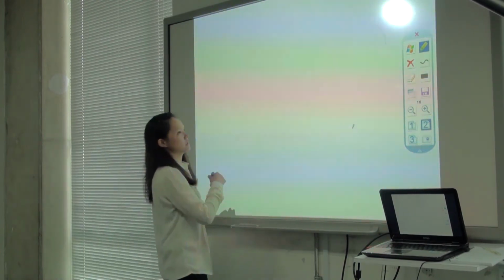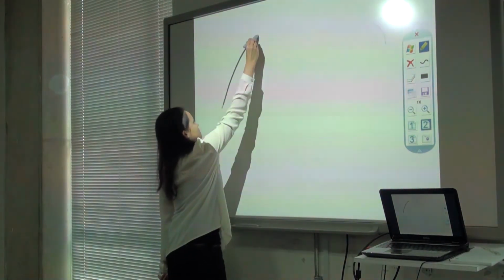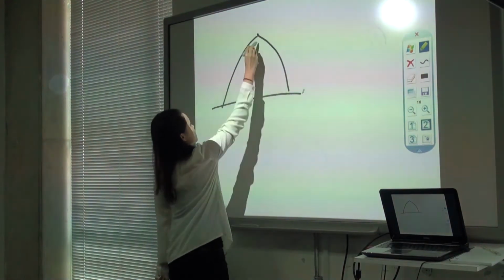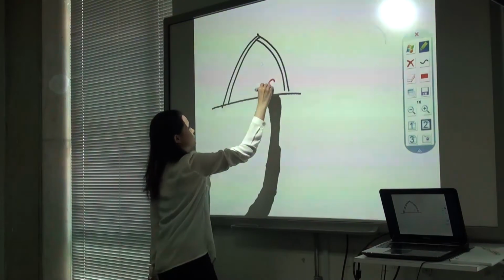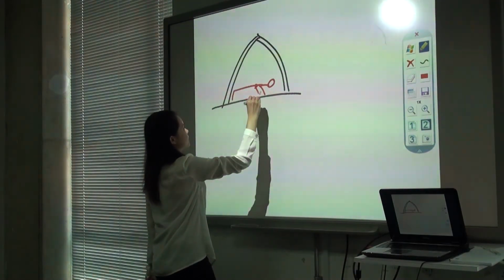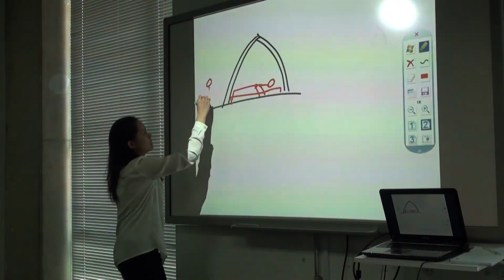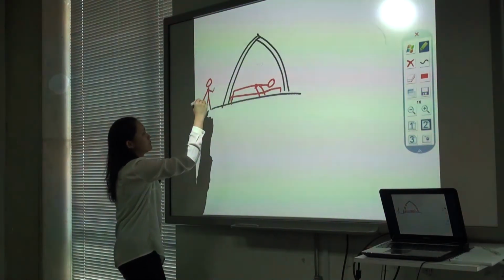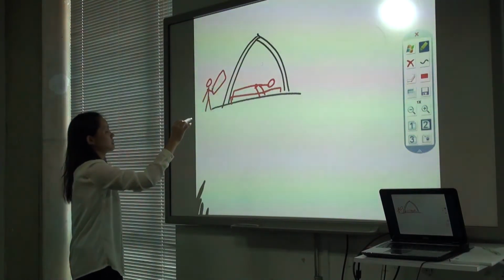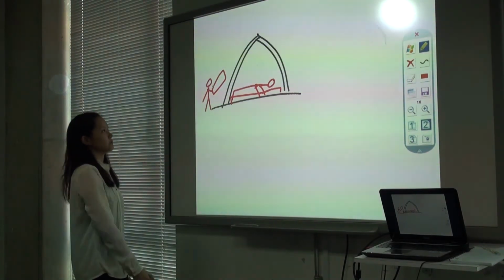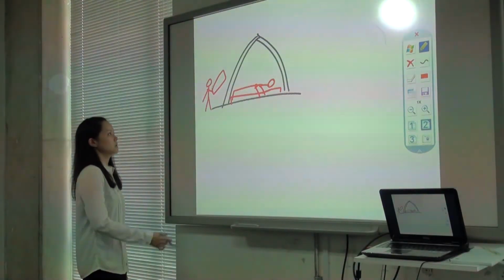Let's say this is the tent, and these are people. Maybe at night we are sleeping inside the tent, and someone out there with bad intention wants to attack the users, and maybe make benefits from their criminal activities.